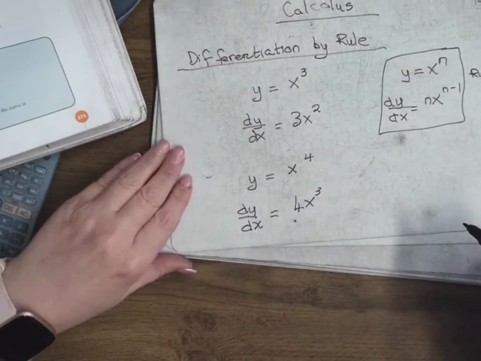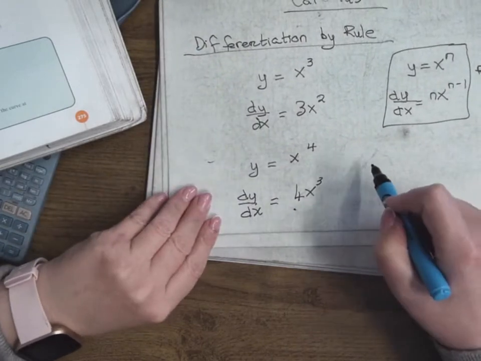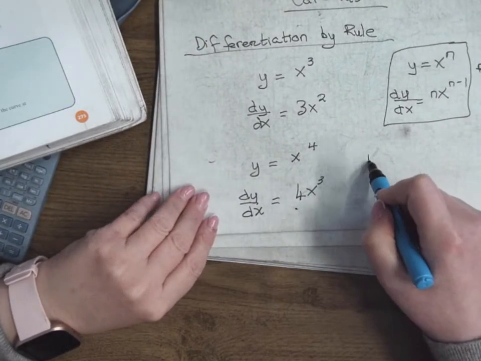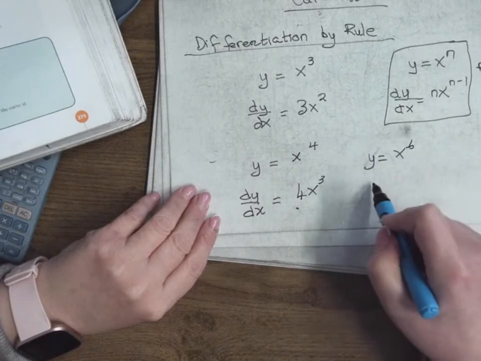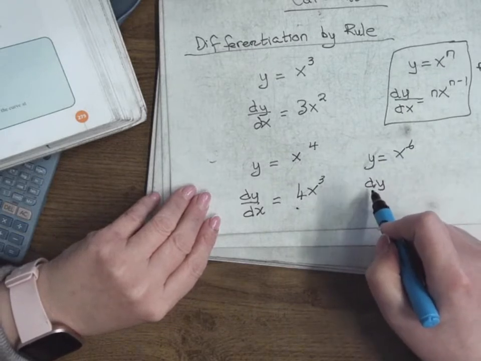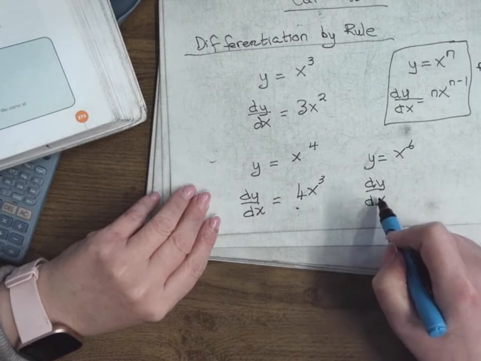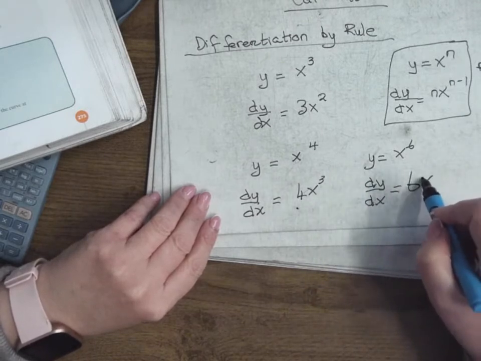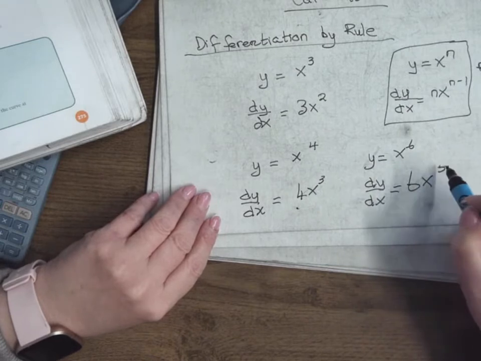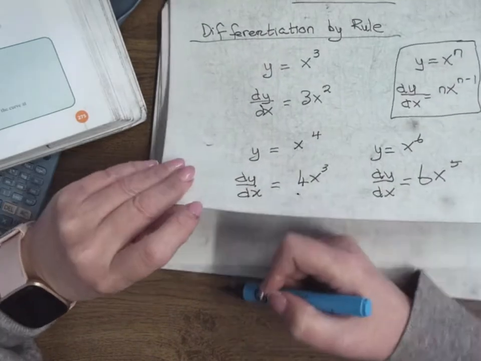Is that right? And so on. One more. y equals x to the power of 6. Differentiate, dy dx equals, what do I get? Anyone? 6x to the power of 5. Got the first rule? Yeah.